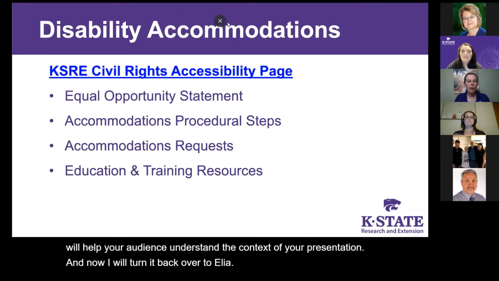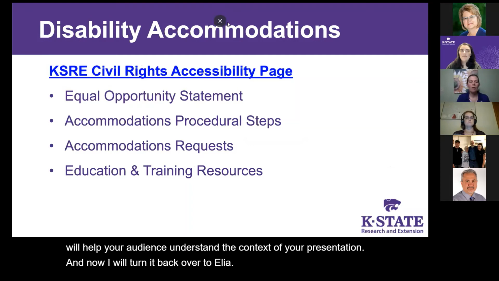Thanks, Laura. So we're going to go ahead and look at the disability accommodations process. Some of you are familiar with this, others of you may not be. And so the way that you can access the disability accommodations process is through our KSRE Civil Rights Accessibility page.